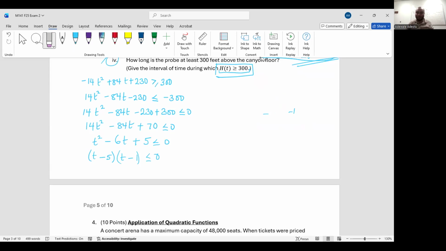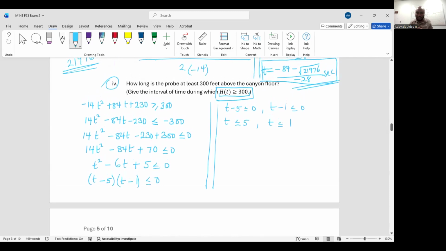So we have t minus 5 is less than or equals to 0, t minus 1 is less than or equals to 0. So we have t is less than or equals to 5, t is less than or equals to 1. Look at that. T is less than or equals to 1, t is less than or equals to 5.